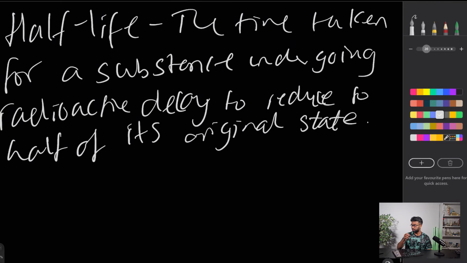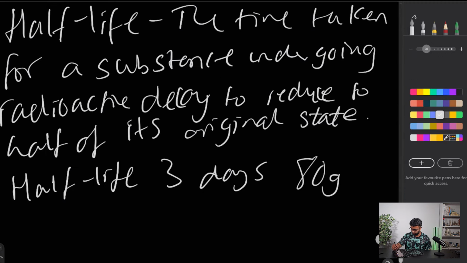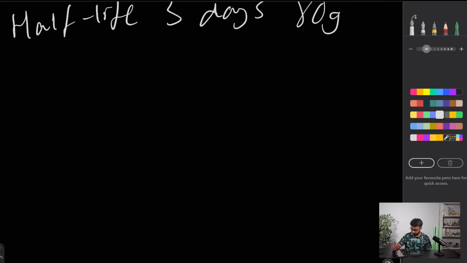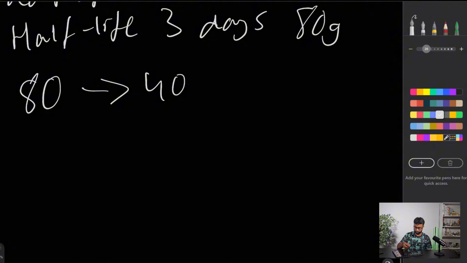And it tells us that a substance has a half-life of 3 days, and asks us how much remains after 9 days if the initial mass was 80 grams. So let's break this up. If its half-life is 3 days, it started at 80, and in 3 days it becomes 40.